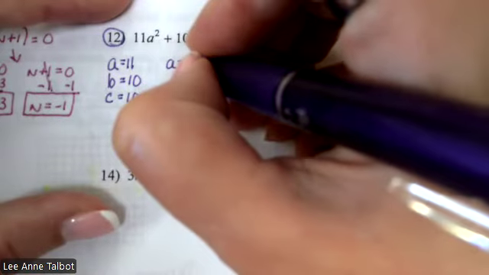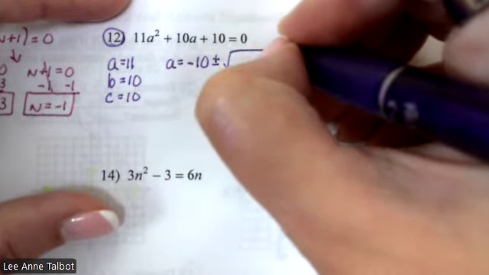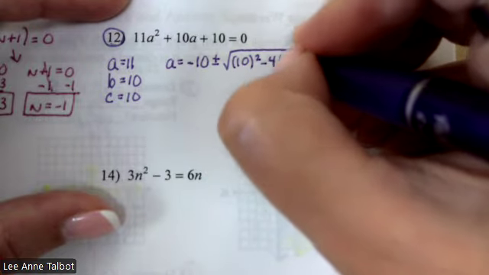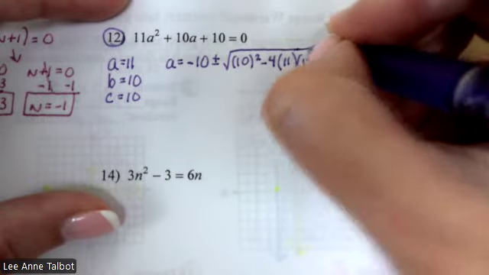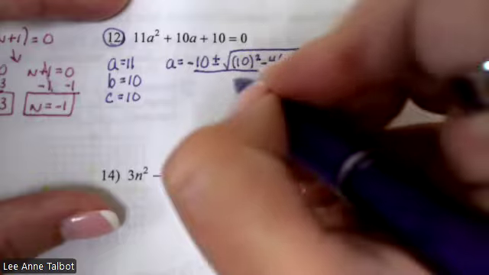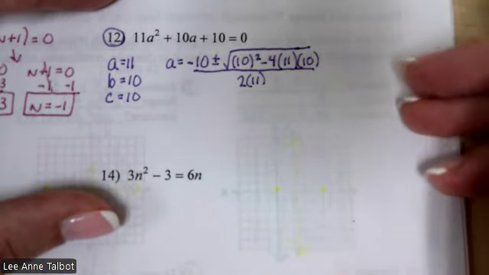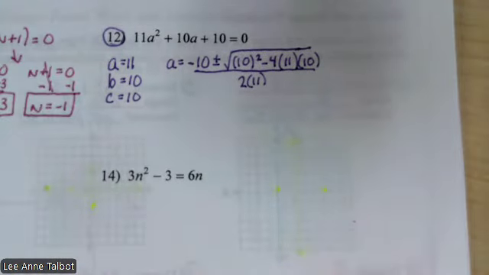Okay, negative B plus or minus square root B squared minus 4AC all over 2A. Okay, step 1 is done.